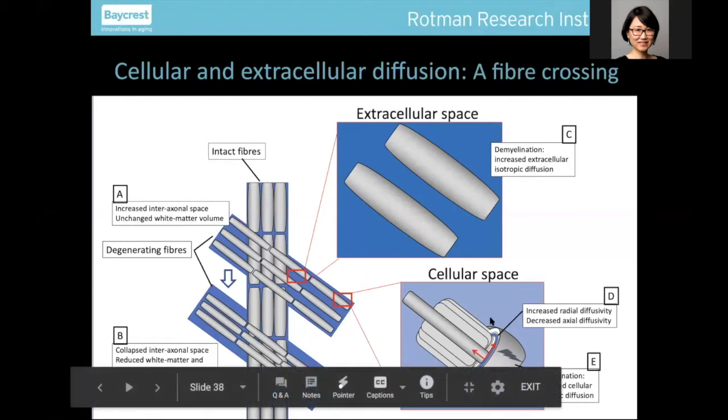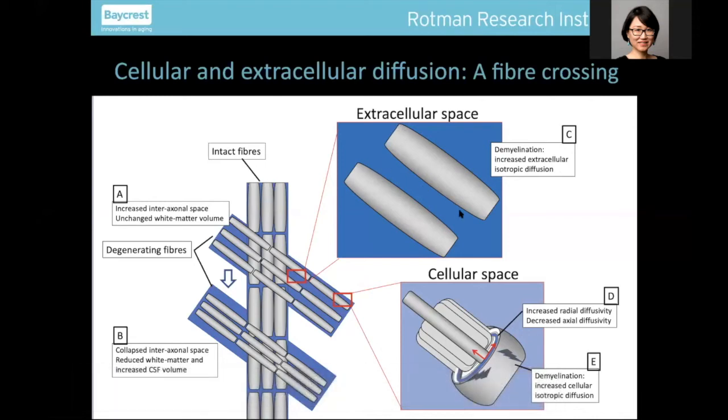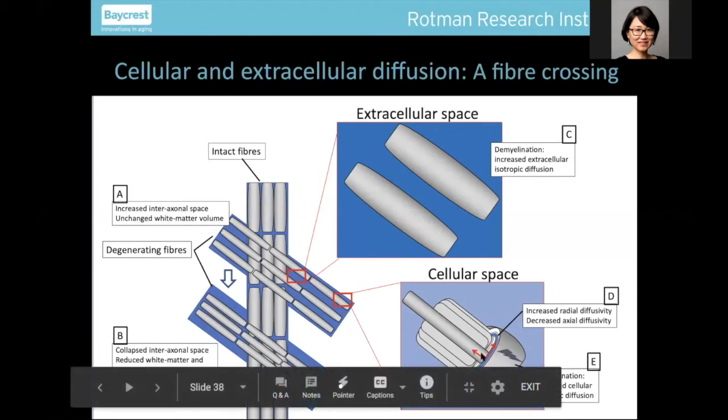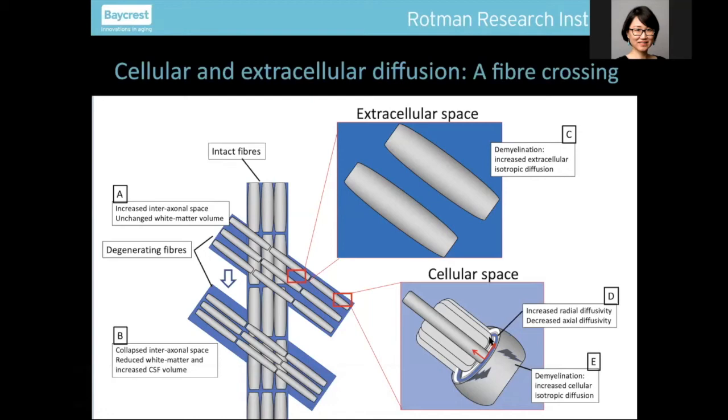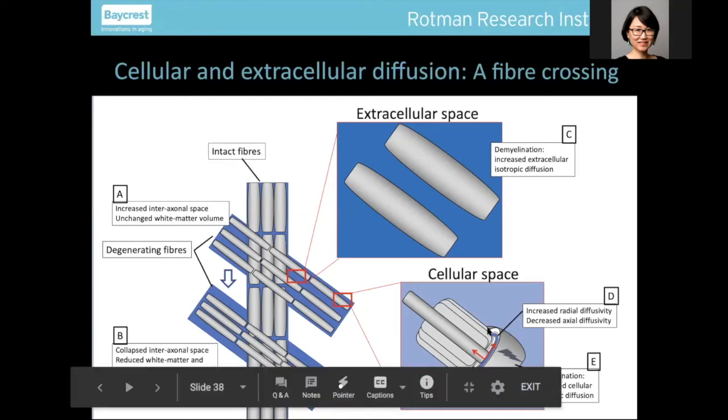So I want to distinguish between extracellular space, in which you are only looking at the water that's not in the myelin and not in the axons, versus cellular space, in which we're only looking at water that's within the axons and myelin. We expect extracellular water to increase with age, while cellular diffusivity goes in two different directions.